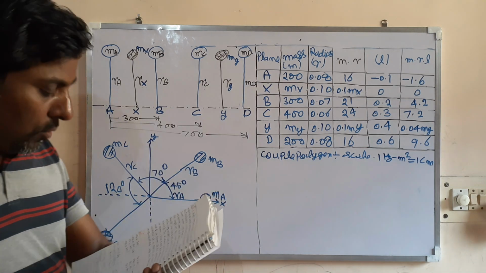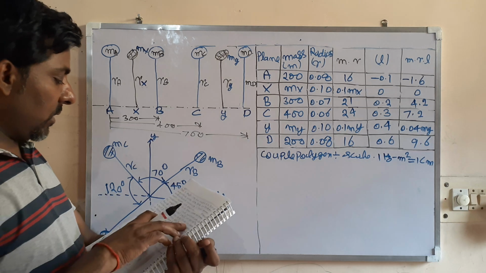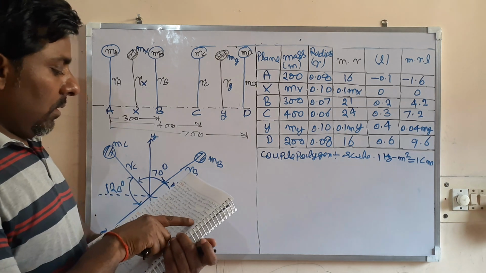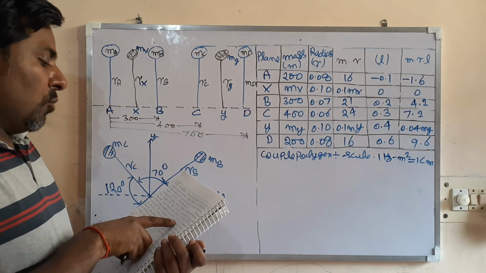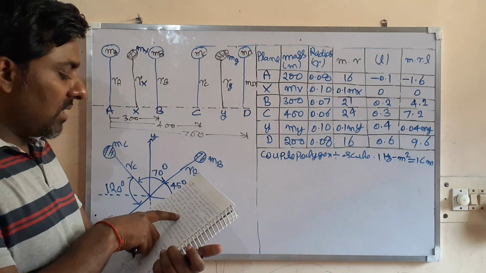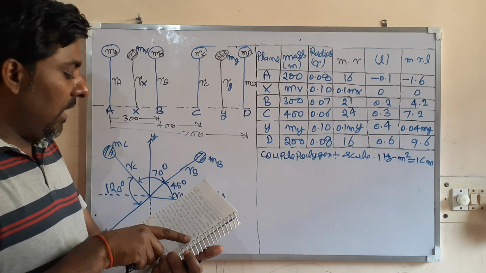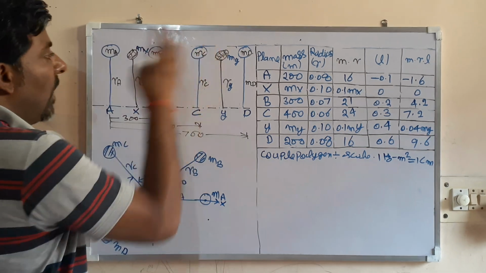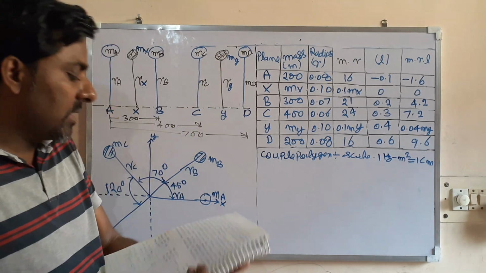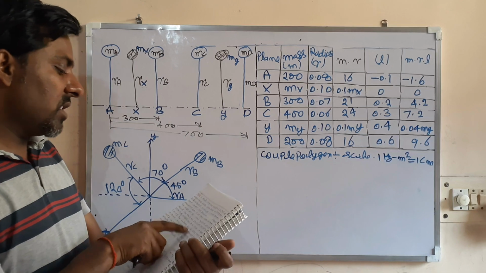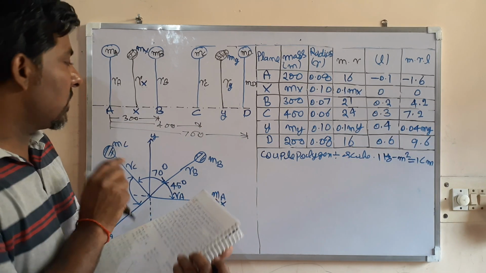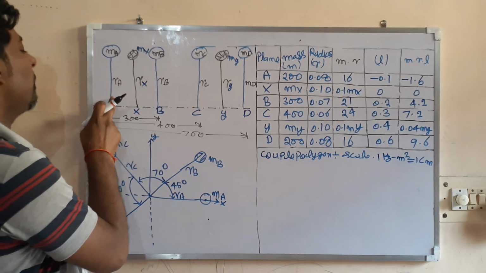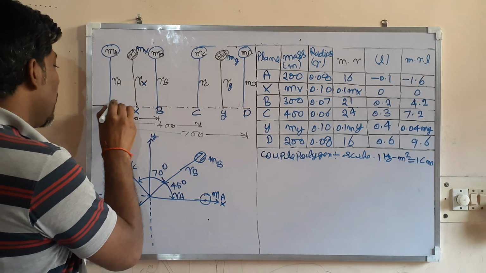Now read the question further. The balancing masses are to be placed in planes X and Y, and now they are giving their distances. The distance between plane A and X is 100 mm.